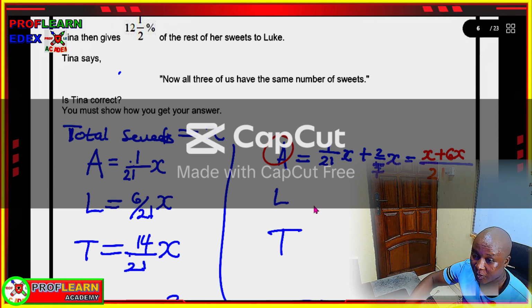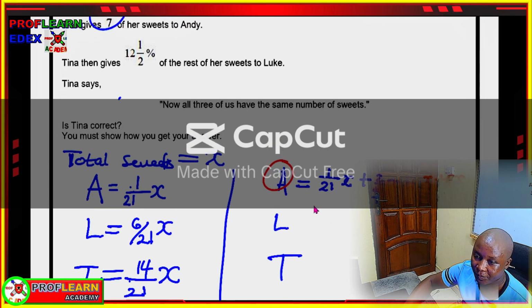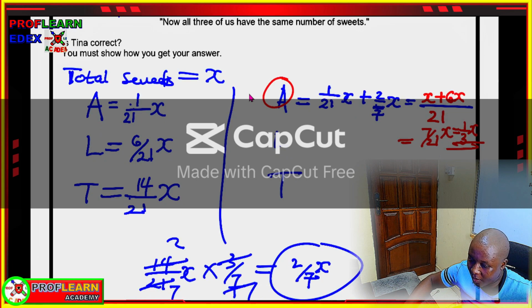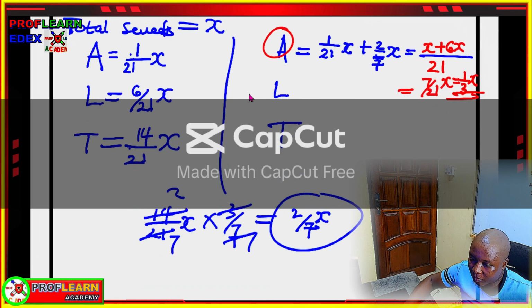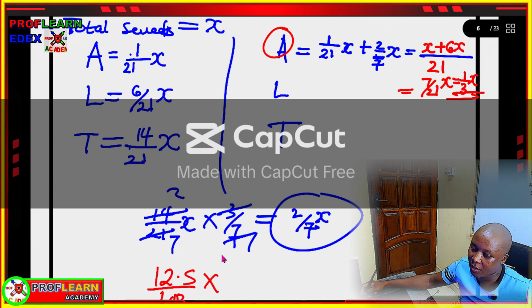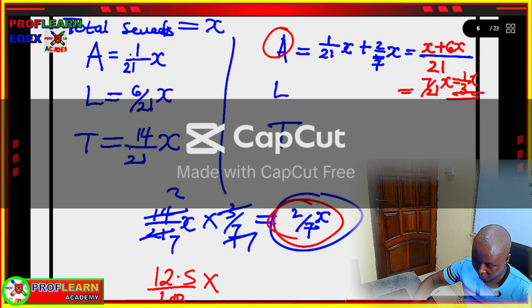And then we are also told that Tina gives 12.5% of the rest of her sweets to Luke. So after giving this, what did Tina remain with?